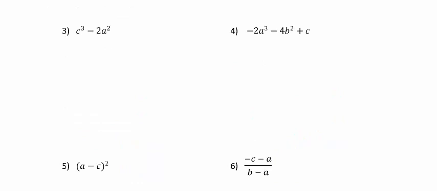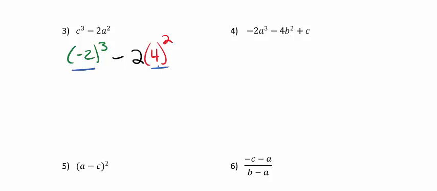Now I'm going to substitute in place of C here. C was negative 2, so I'm going to plug in negative 2, and that's going to get cubed. And then we have a minus 2, and then A was 4, so I'm going to put 4 in place of A, and that's going to get squared. Now here we don't have anything going on inside of the parentheses, so the next step would be the exponents. I have an exponent here and an exponent here.